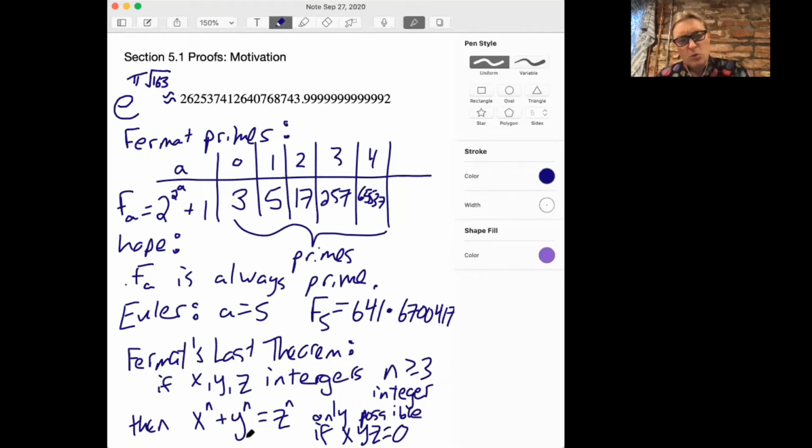You can always take y to be 0, for example, and then set x to equal z, or you can take y to be negative x and z to be 0. So there are some trivial solutions where x, y, z equals 0. But if you want a non-trivial solution, then there aren't any.